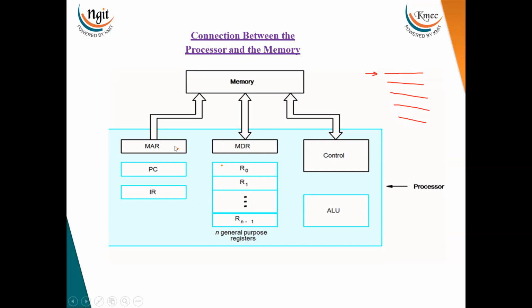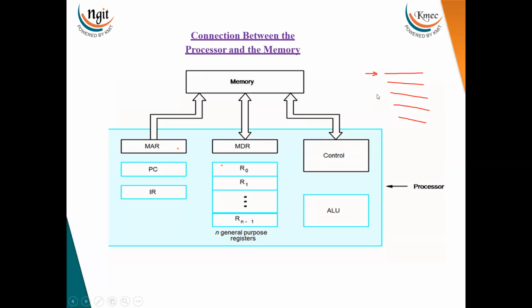After placing the starting address, the control unit will send the read signal to the memory. Thereby, it will read the opcode onto the MDR, and the MDR will place the opcode into the IR. The IR will decode the instruction opcode, and the processor will understand.